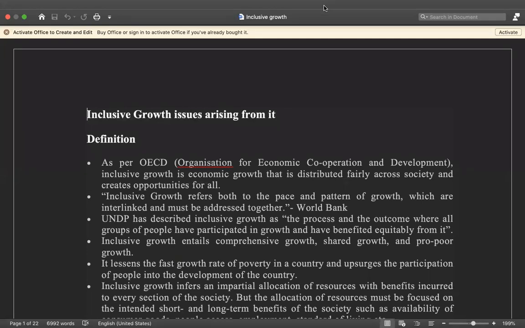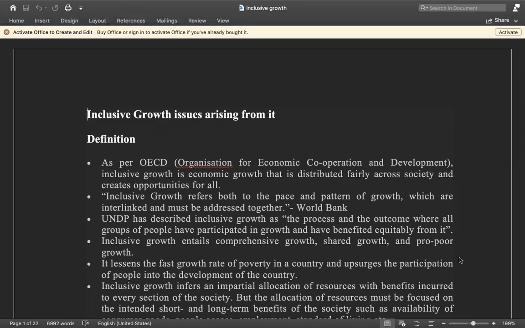Coming to the features. First of all, a lot of constraints are there in reaching the poorest of the poor sections, the marginalized sections. All these hurdles or constraints are to be removed. In the previous class, we discussed food security, how the government of India is providing food to the poorest of the poor sections of the society.